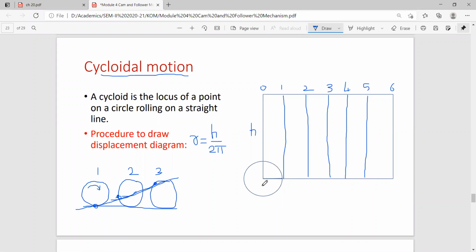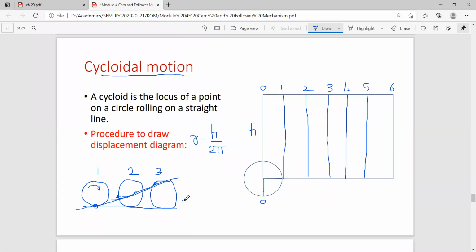So where to start from? You have to start from this point. This point is 0. It is your vertical diameter. Now from here you have to divide the whole circle into 6 parts.